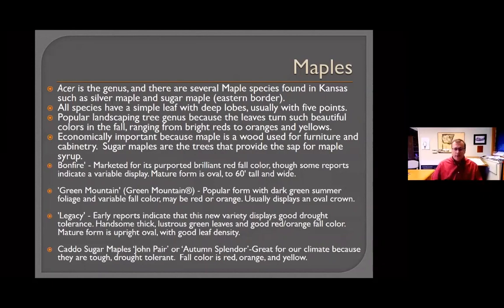They're called Caddo sugar maples because the original seed was collected in Caddo County, Oklahoma. So you know that if they can survive in the heat of Oklahoma, in the drought, they're going to be drought tolerant and tough. So if you're looking for sugar maples, look for Caddo sugar maples, the varieties John Pair, Autumn Splendor.